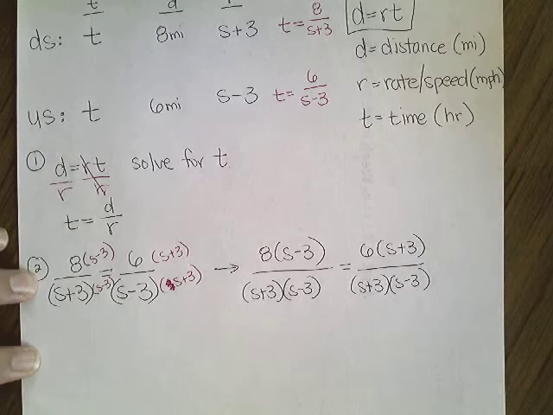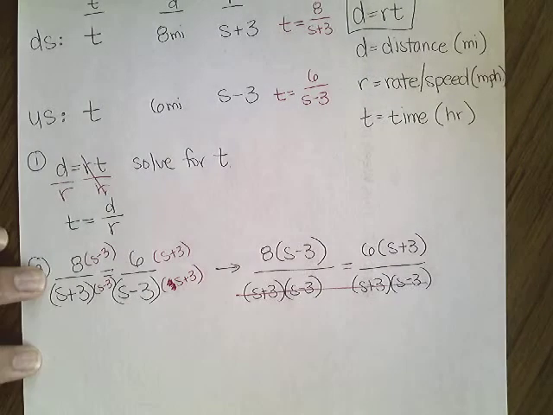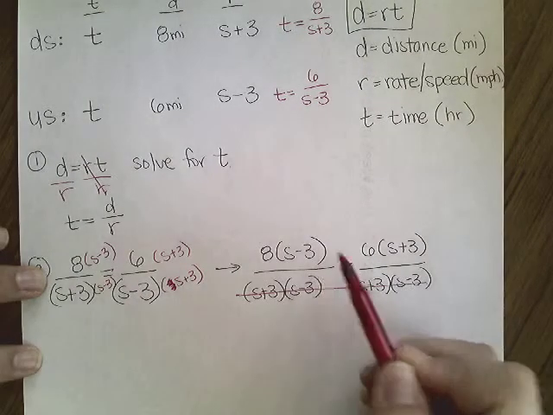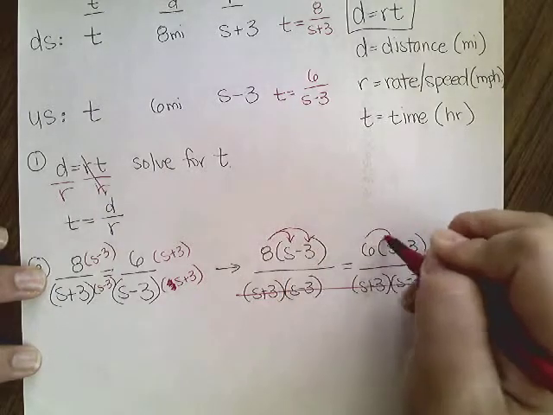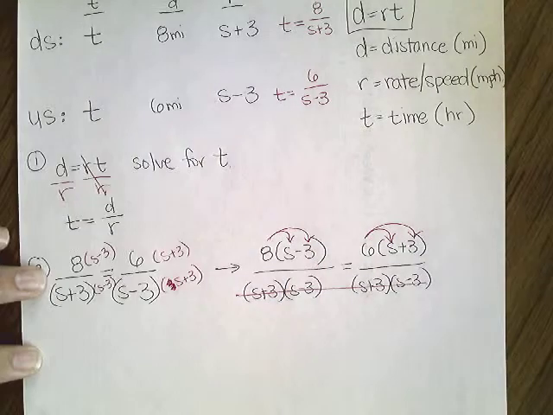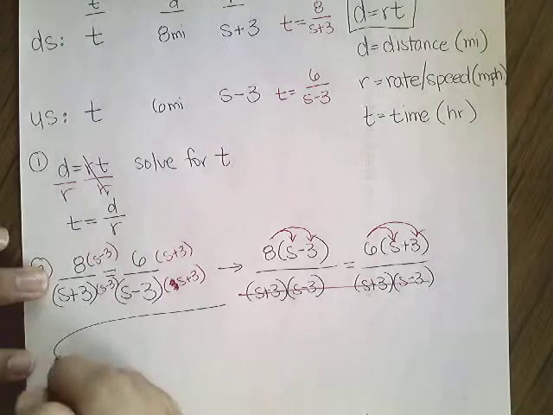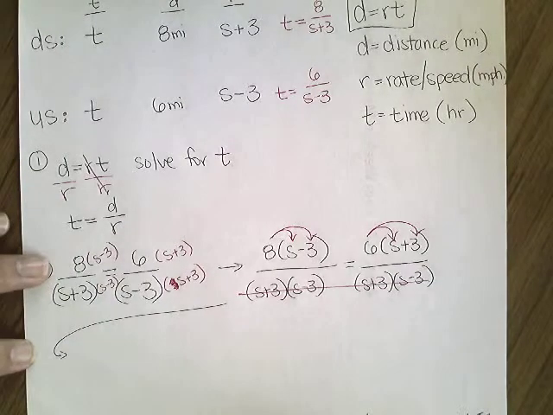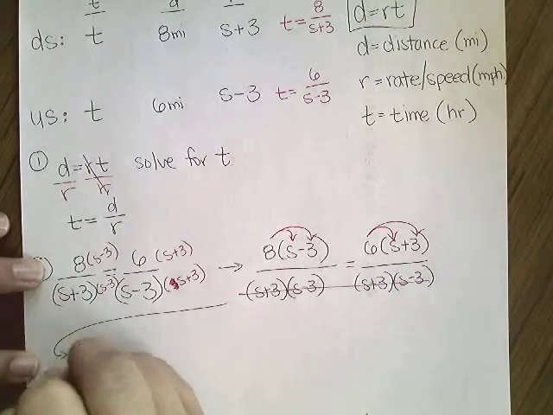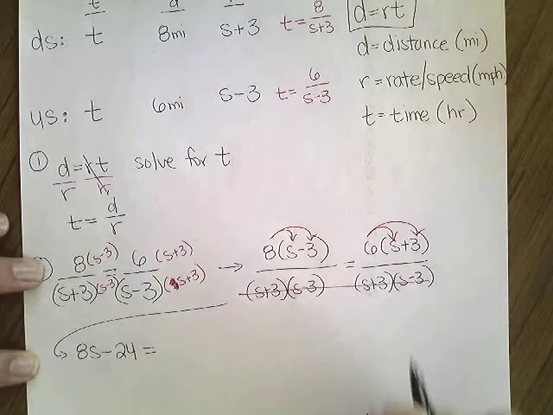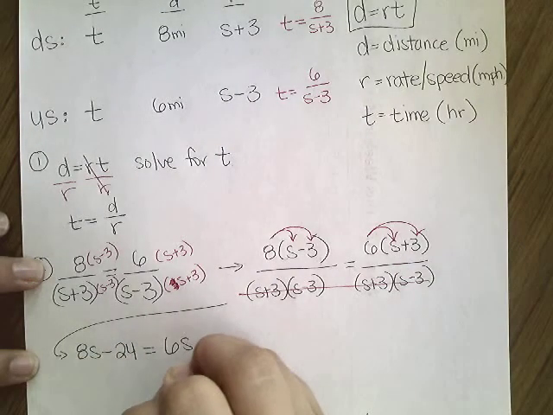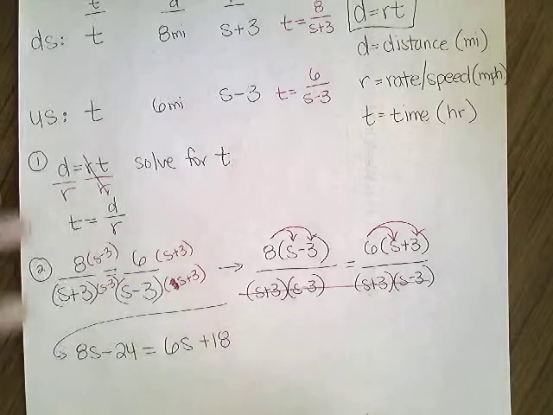Now that we have our common denominators, we can ignore our denominators and simply solve using our numerators. So I'm going to distribute my 8 in here, my 6 in there. I'm going to draw a lot of arrows here. I'm running out of space on my paper. 8S minus 24 equals 6S plus 18.